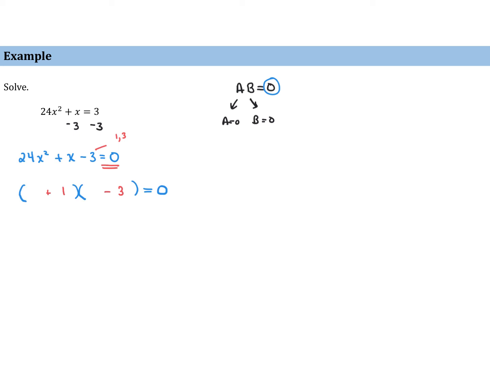Now, let's check 24x squared. So we have 1 and 24, 2 and 12, 3 and 8, 4 and 6. We have lots of options for 24x squared. So if we try the 4 and the 6, 4x and 6x, I already know that this will not work because the 6 and the 3 share a common factor.